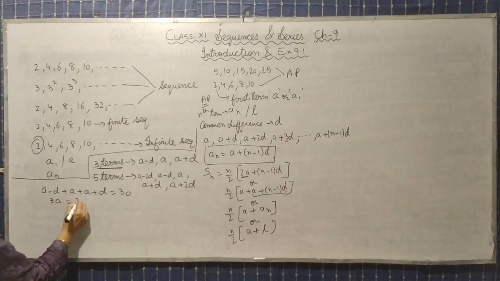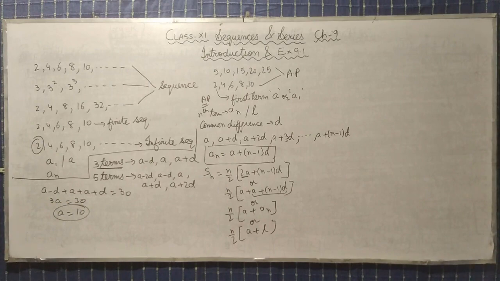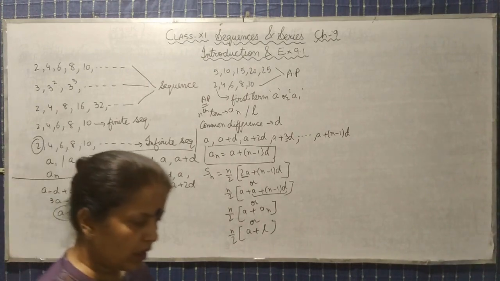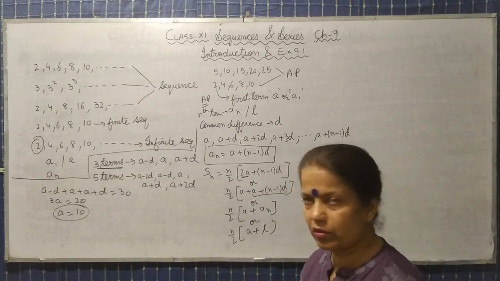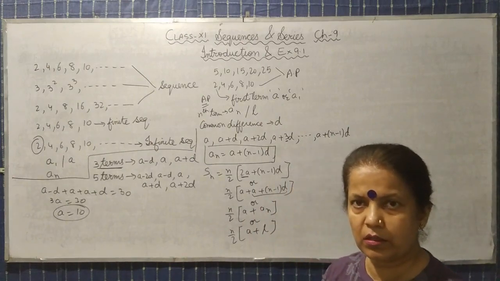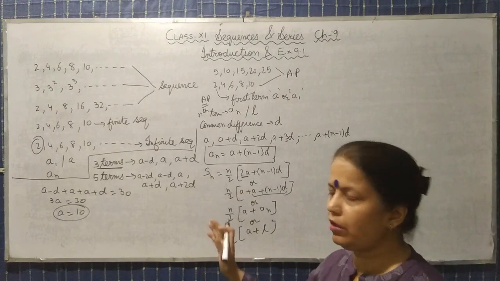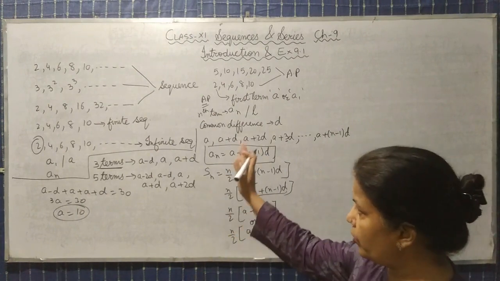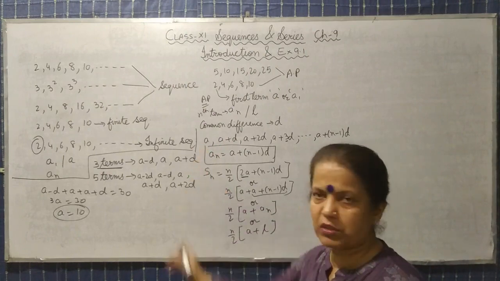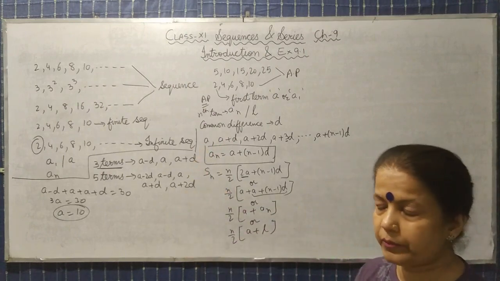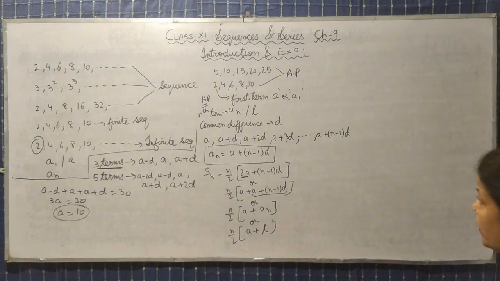So 3A equals 30. Then you will get A as 10. Same thing for 5 terms also. You will get the result. So for 3 terms and for 5 terms, in AP we normally take the terms like this.